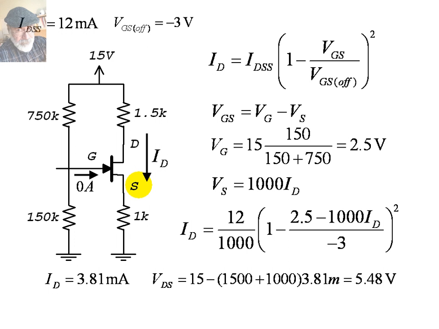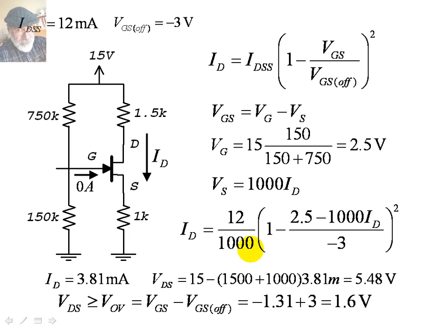Well, we need also the overdrive voltage to compare. Let's compute VGS. VGS is, we agreed, 2.5 minus 1000 ID. That is going to be negative 1.3 volts.